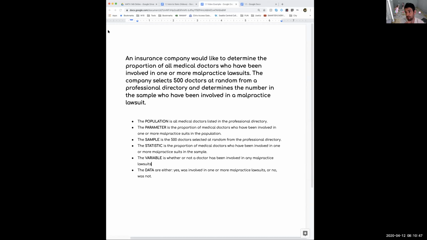The population. So remember our definition of population. This is the large group that we want to know something about. So in this case, they want to know something about all of the medical doctors. That's who they hope to know something about.